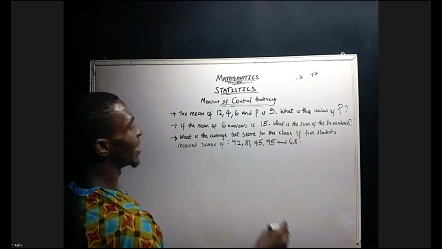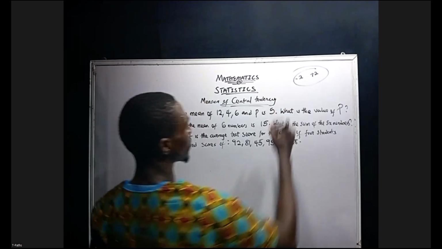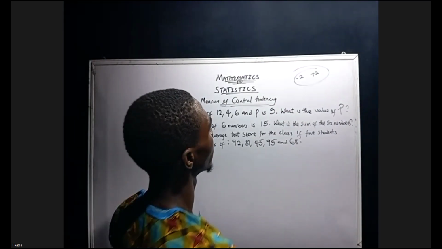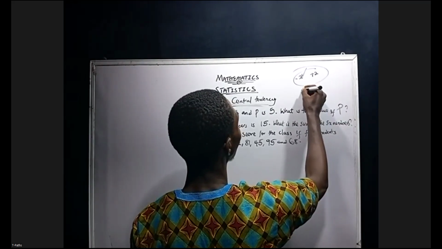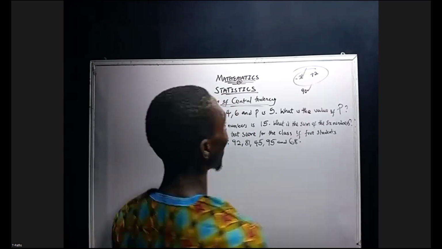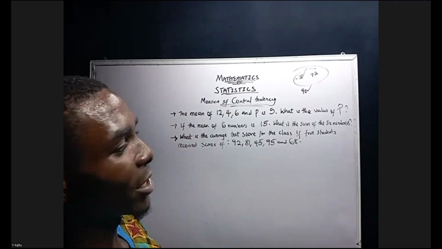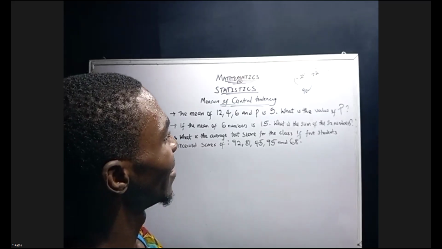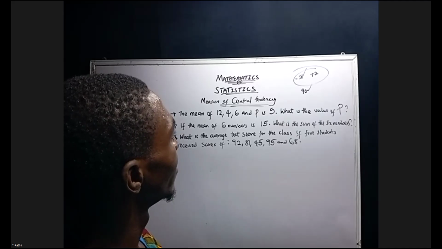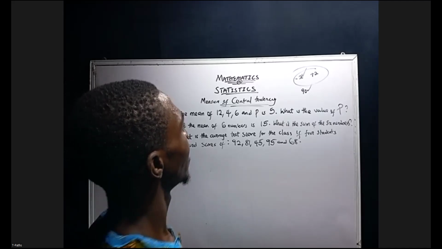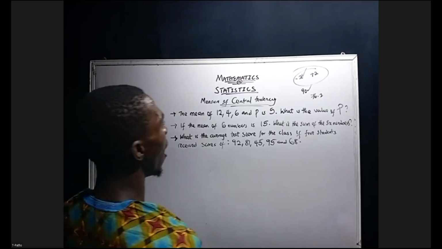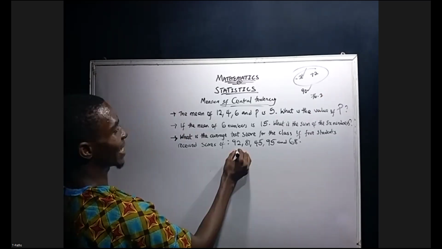Okay, minus 2. The second one, what did you get? 90. Yes, 90. Okay, so I believe you guys are done with the third one. What was the answer for the third one? 76.2. Okay, let's go over the solution together now.